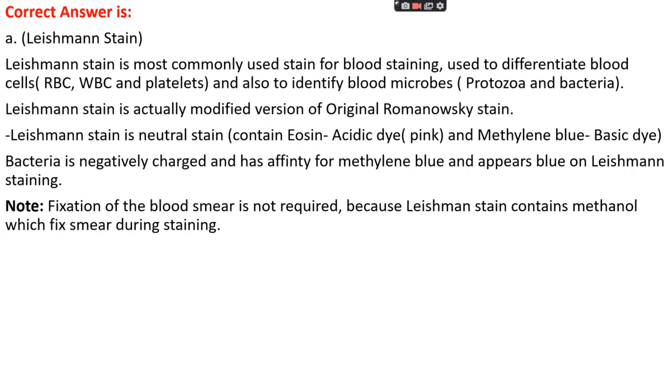It is a neutral stain. It contains eosin, which is an acidic dye, and methylene blue, which is a basic dye. Eosin mainly stains pink, while methylene blue stains blue. Bacteria are negatively charged and have an affinity for methylene blue, so they appear blue in Leishman staining.